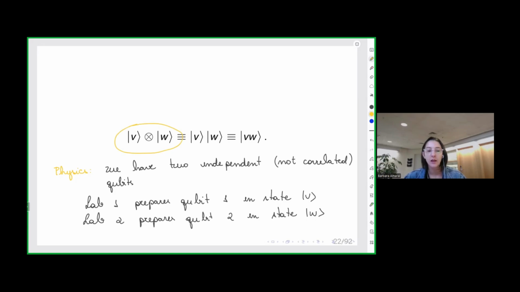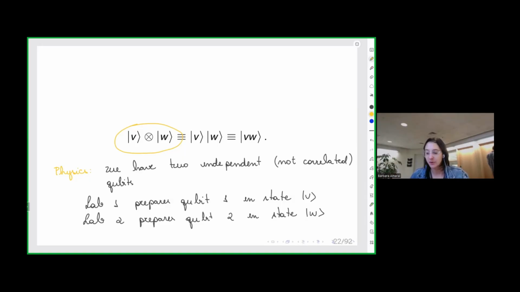Okay? But we can apply some operation on the initially prepared independent qubits. Maybe now they try to meet and interact in some way, and now they may become correlated.